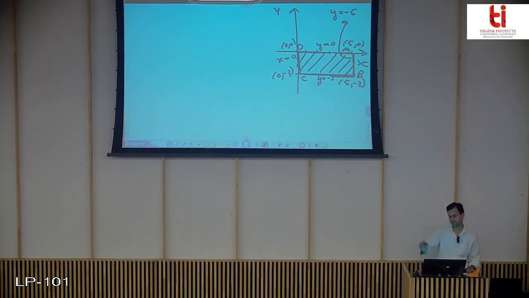Here it is. This is the rectangular region given in the xy plane, about which you have to find the maxima and minima of the given function f(x,y).